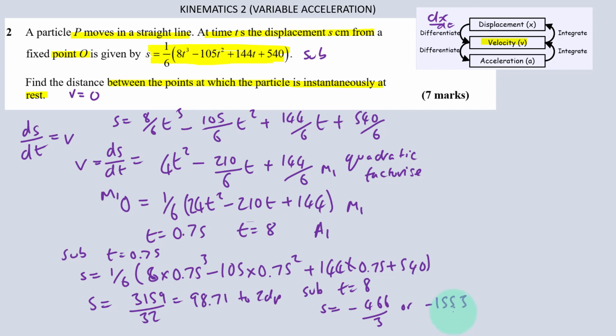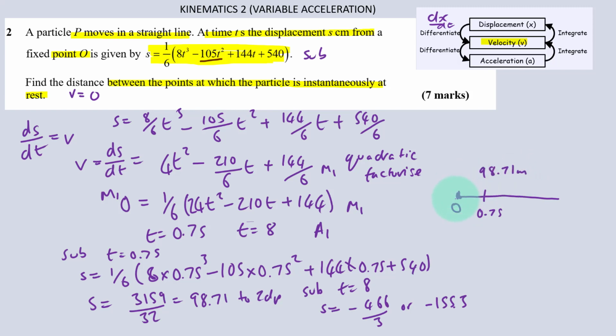Now that might look confusing, but if there's a particle moving on a straight line, all that means is, because you've got a negative, minus 105 t squared here, at 0.75 seconds there's a point, that's our start O, that's 98.71 meters.